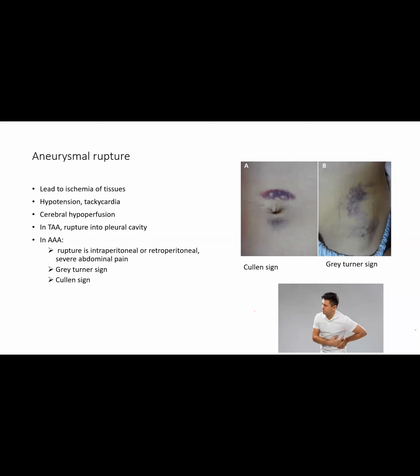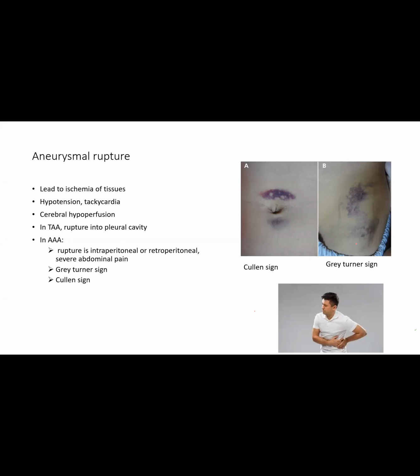And also Gray Turner sign can be seen here. It's a sign that is usually more common in pancreatitis, but it may also be present in an aortic abdominal aneurysm as well. It's usually represented by flank ecchymosis.